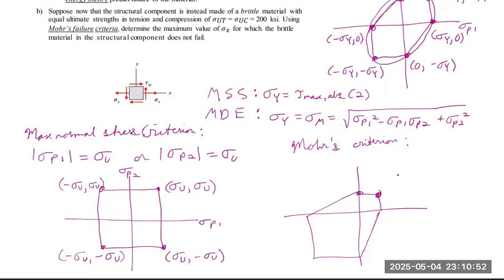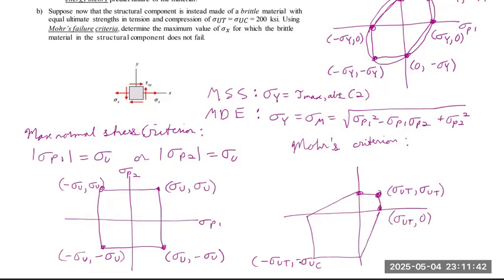So this point over here is sigma ut, comma, sigma ut, and this point over here is sigma ut, comma 0, and this part over here is negative sigma ut, comma negative sigma uc.